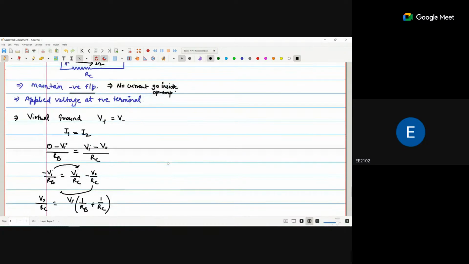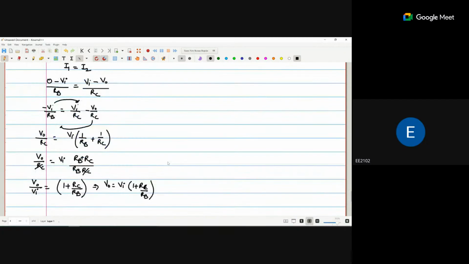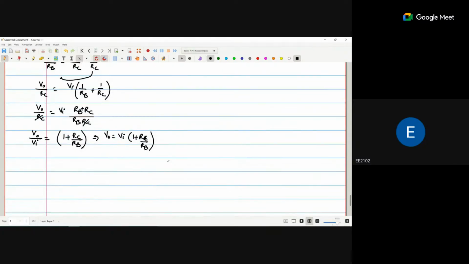Now RC is generally the feedback. So you see that V0 is equal to Vi times 1 plus feedback resistance upon input resistance.